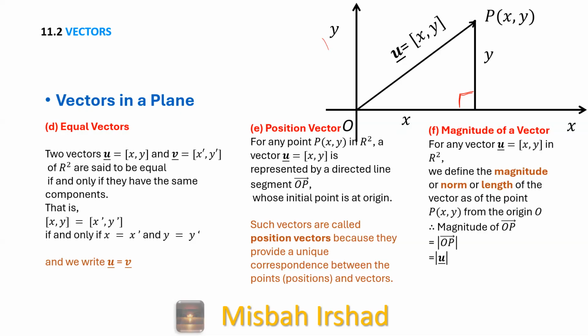So with the help of the Pythagoras theorem, this length OP is actually the square root of x square plus y square, right? And this is the magnitude of this vector. So if we have a vector in component form, just square both the components, add them, and then take the square root. You will get the magnitude of the vector.